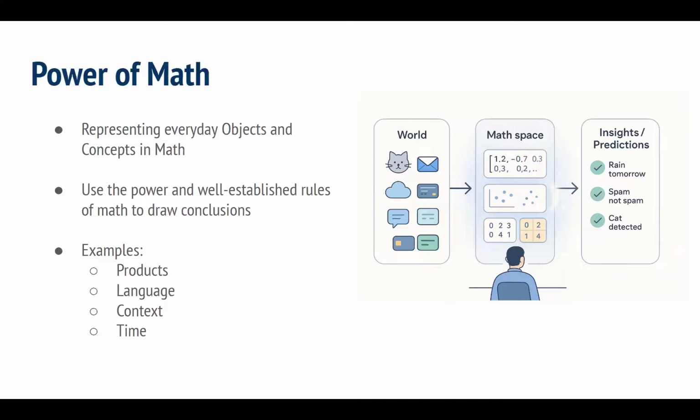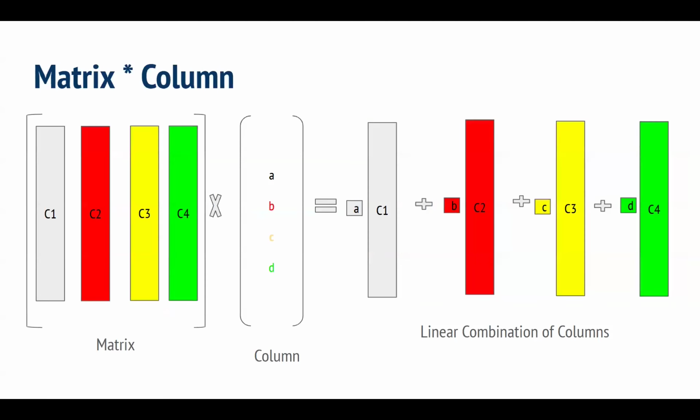The more accurately we represent these objects in mathematics, the better our insights and predictions will be. Examples of these concepts are products. For example, when we talked about product recommender systems, we represent a product as a vector and another product as a vector, and we measure the angle between them. Languages, as in large language models, and then context, and also the concept of time. So we need to refresh a little bit the concept of matrix multiplication.